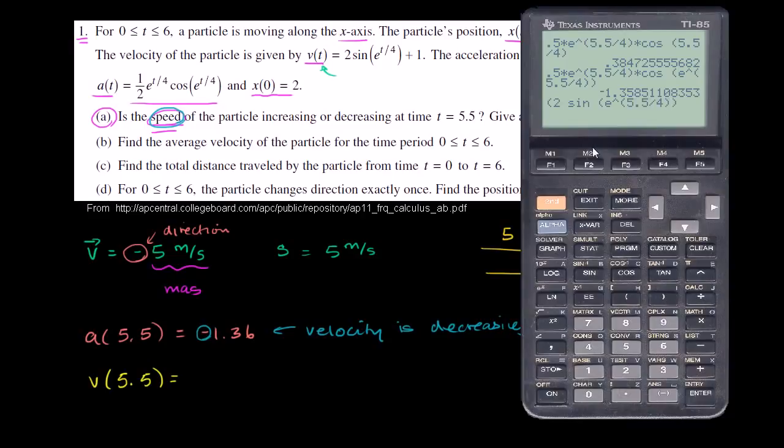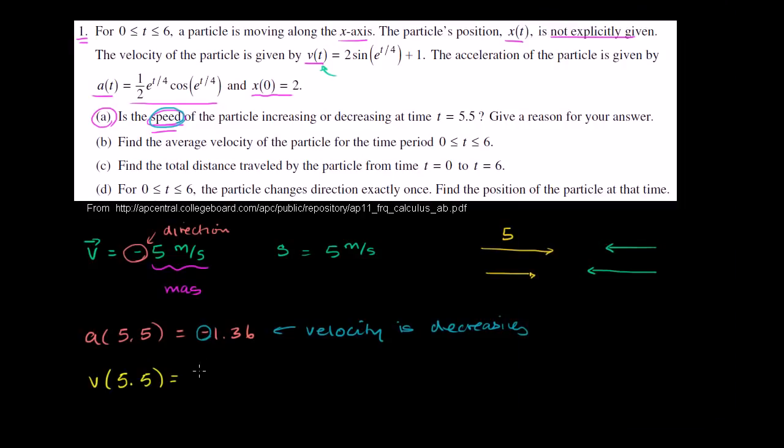So I did that part right over here, and I'm going to close the parentheses as well, and then plus 1. So this is our velocity. So our velocity at time 5.5 is negative, roughly negative 0.45.